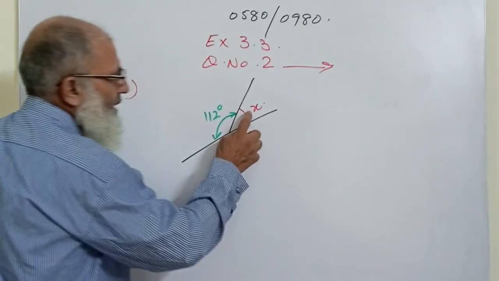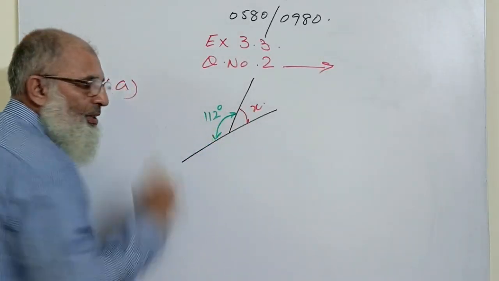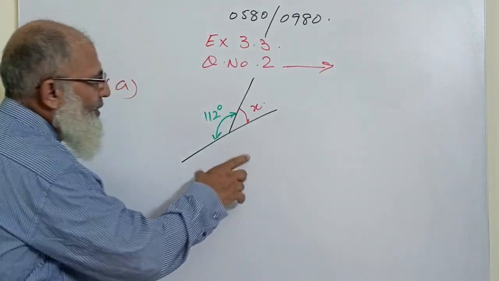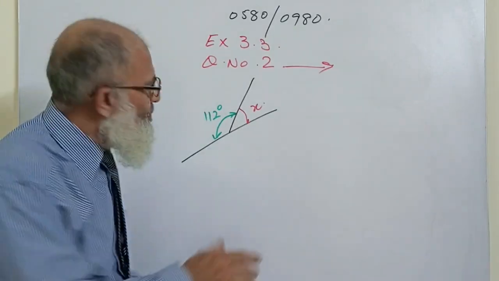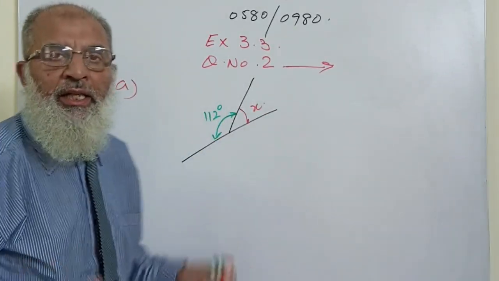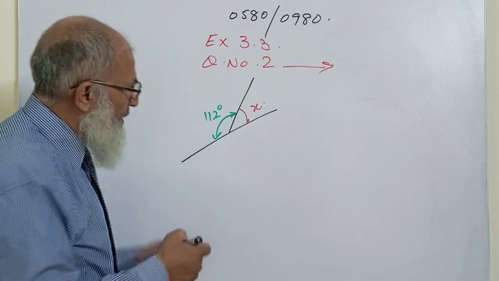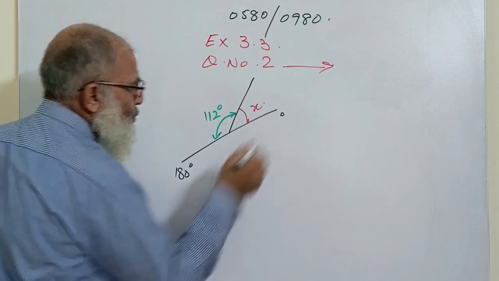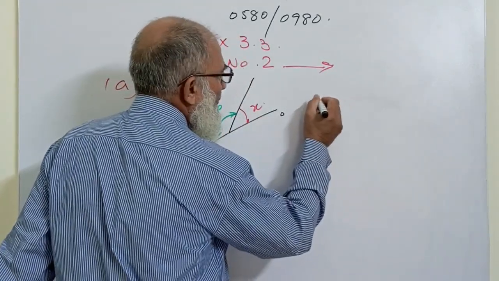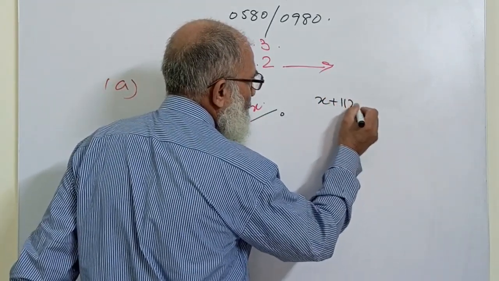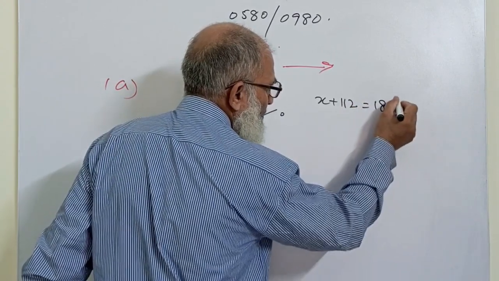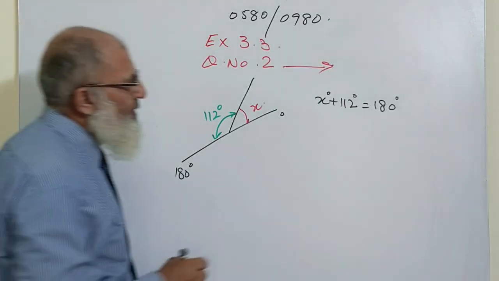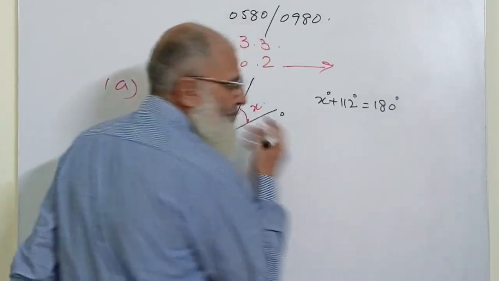Since these are supplementary angles, x plus 112 degrees are supplementary angles. Therefore, both angles when added are 180 degrees. So x plus 112 is equal to 180. You can also write the degree symbol.